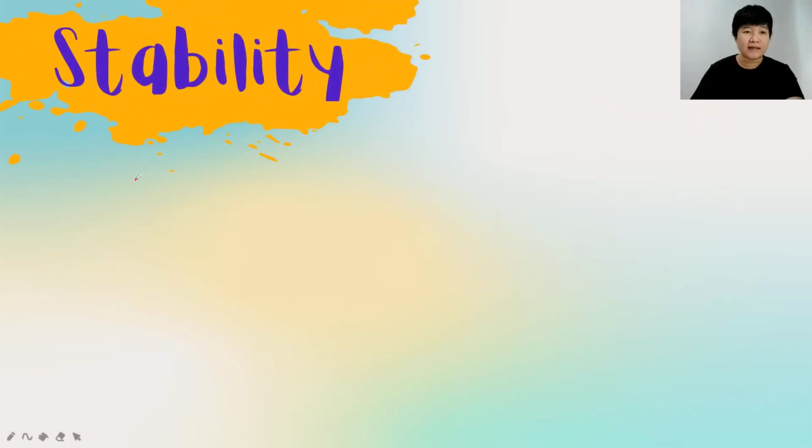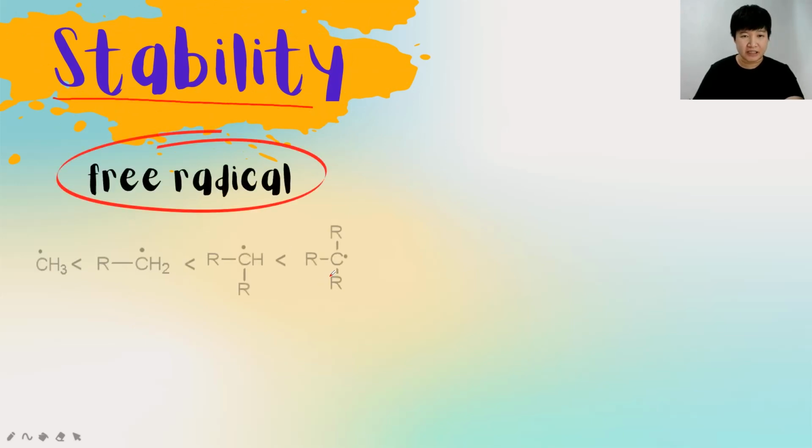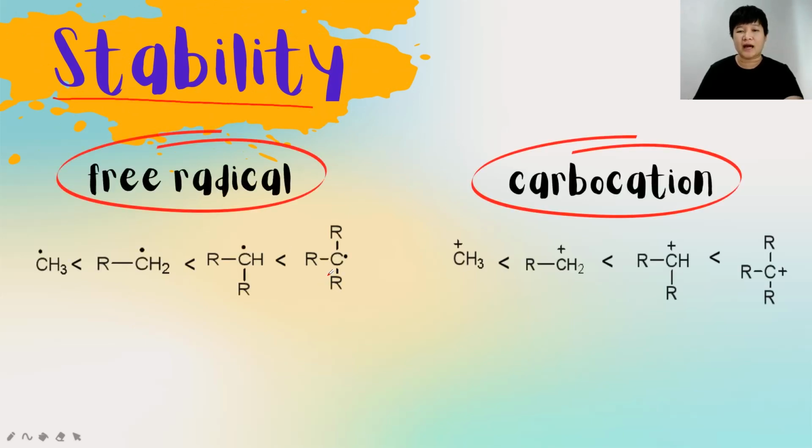Next, let's look at the stability of the free radical and also the carbocation. This is the conclusion of stability that I can give you. Over here you can see all your free radicals of carbon, and then we have carbocations, where you have the positive charge on your carbon. What makes them more stable? If you remember the classes, this free radical right now is a tertiary free radical because this carbon is holding 3 carbons.